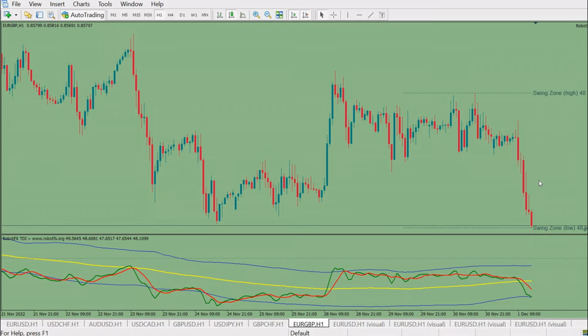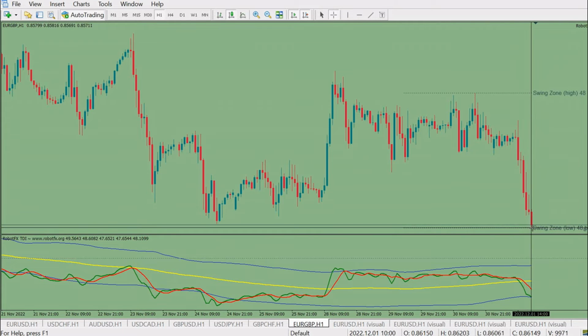And if we have a sell signal right now, the expert advisor will ignore it, because right now the price is not at least 30 pips away from the swing zone low level.